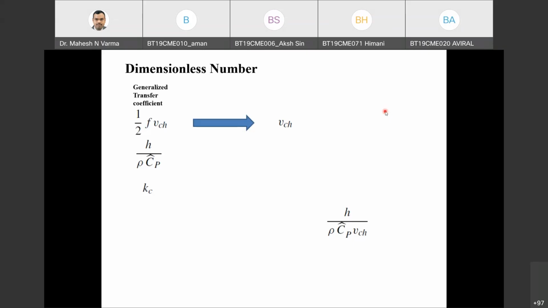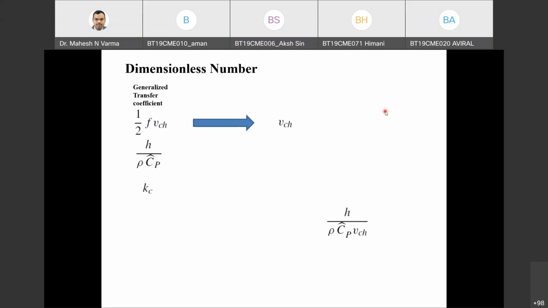Roll number 20. H by rho Cp into V, V Cf by 2.